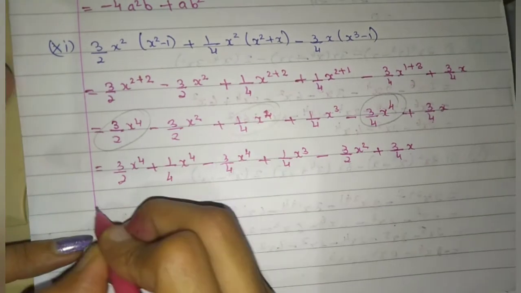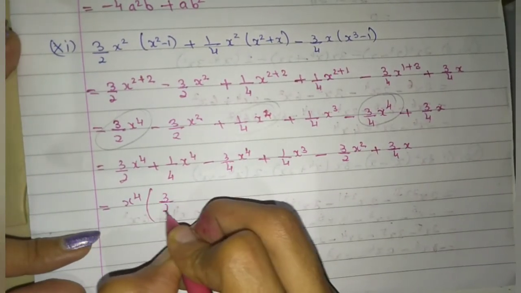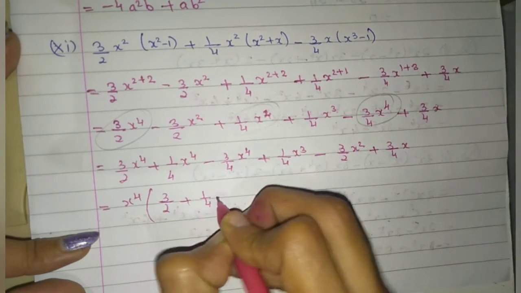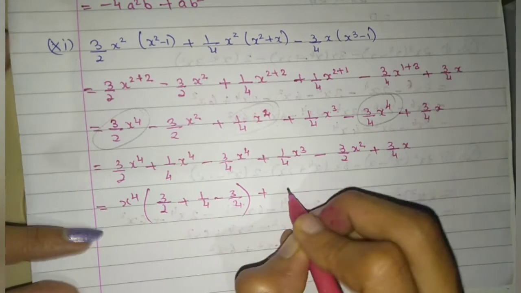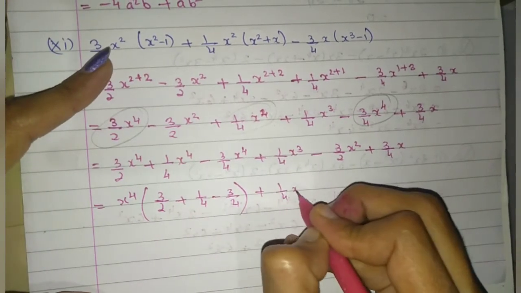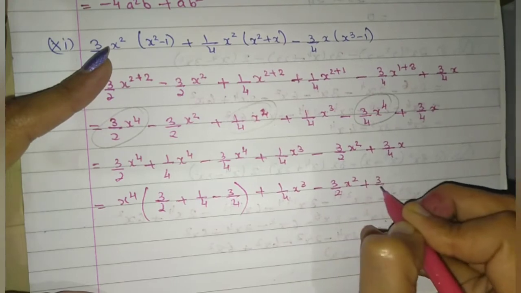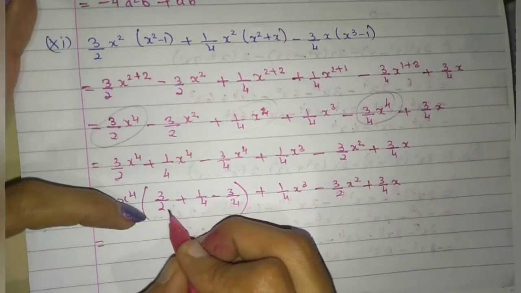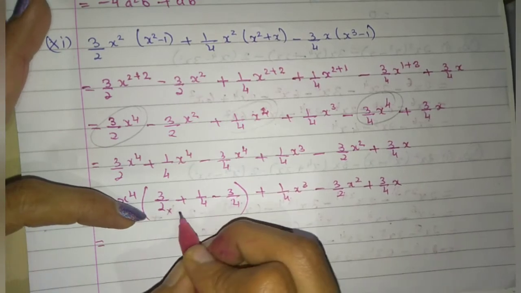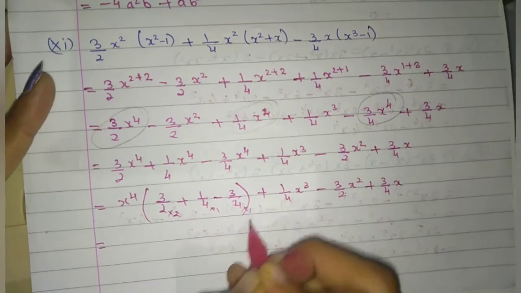Now I am writing the coefficient in bracket, x raised to 4 common: 3 by 2 plus 1 by 4 minus 3 by 4, plus 1 by 4 x cube minus 3 by 2 x square plus 3 by 4 x, which is equal to, now here the LCM is 4, so multiply by 2, 1 and 1.